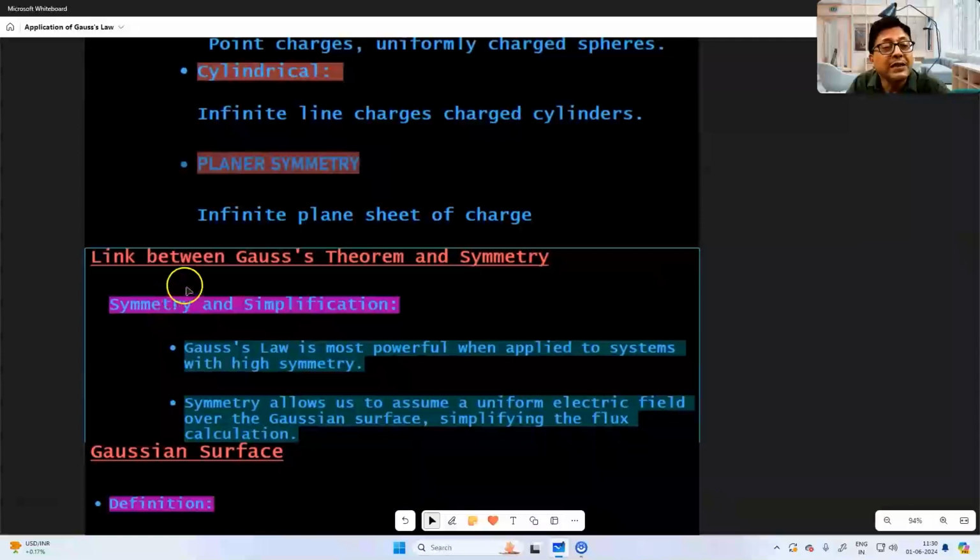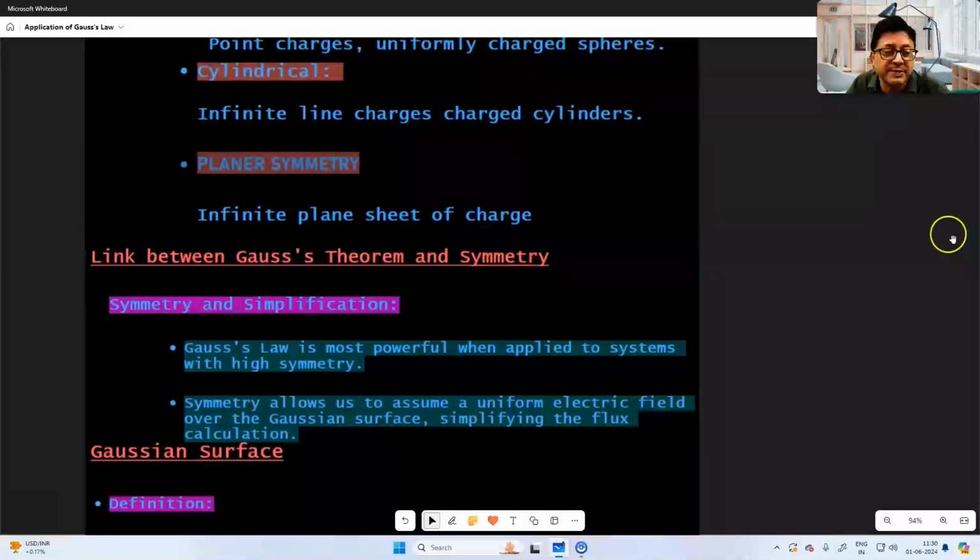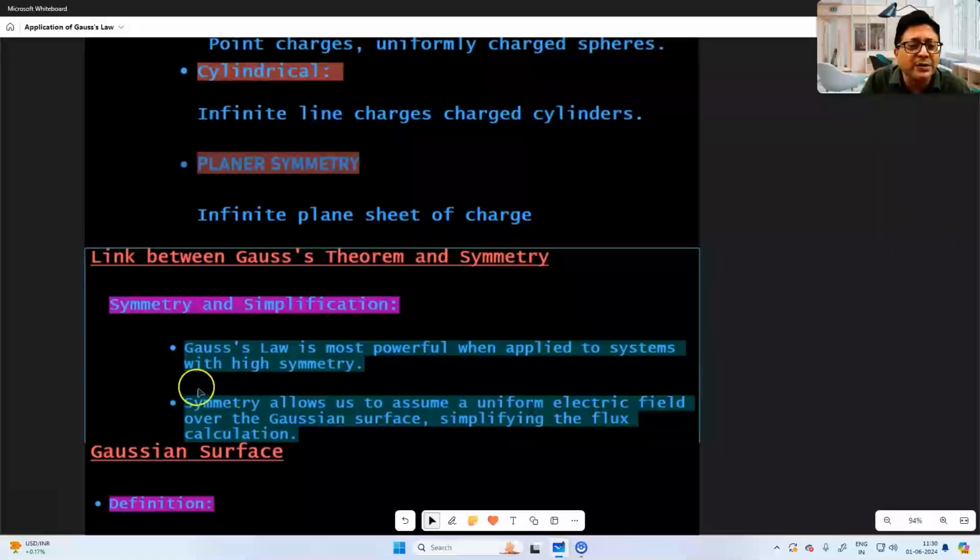Then, what is the link between Gauss theorem and symmetry? Already mentioned, Gauss theorem is most powerful when applied to systems with high symmetry. Last session only I told you, we don't apply Gauss theorem always. If you find symmetry, we will use Gauss theorem. Why?